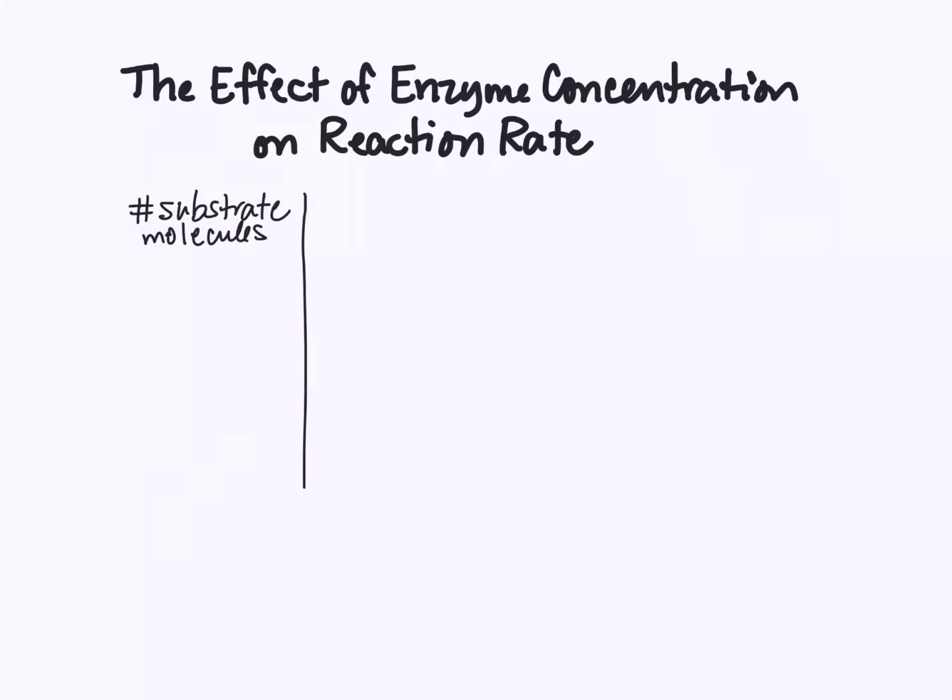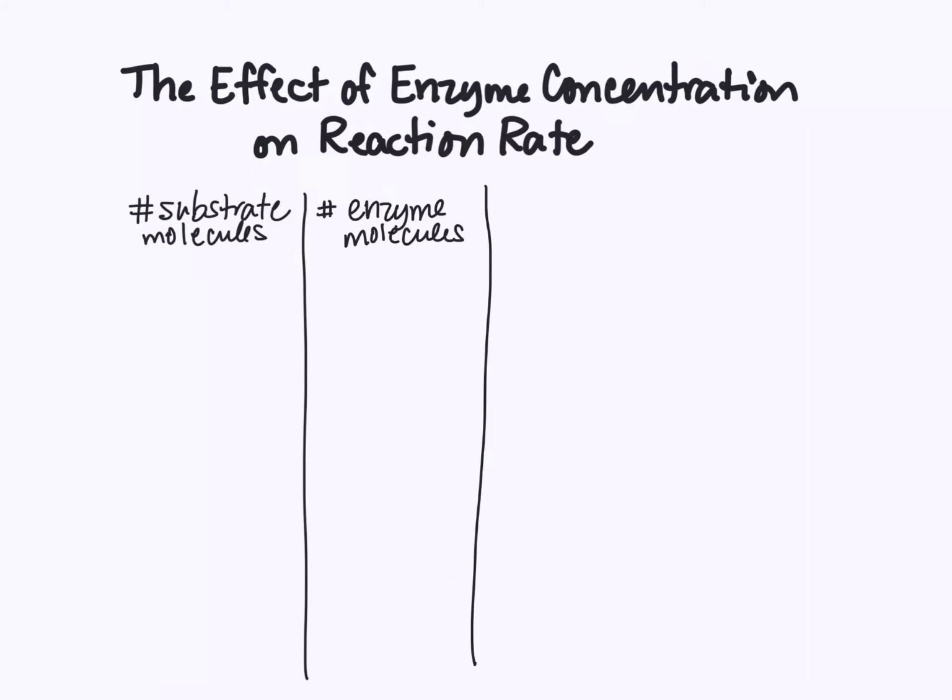In the next column, we'll take a look at the number of enzyme molecules present. In the next column, we'll take a look at how long it takes for a reaction to occur to break down all of the substrate molecules.